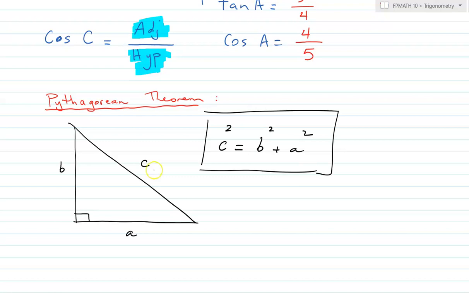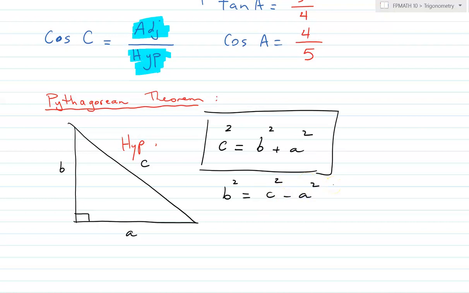Remember that C is the hypotenuse. You can rewrite this equation for any other sides as long as you are doing the math properly. And if you go ahead and rewrite these in terms of B or C and D, remember, if you are solving for another side, you have to always subtract one of the other sides squared from the hypotenuse squared.